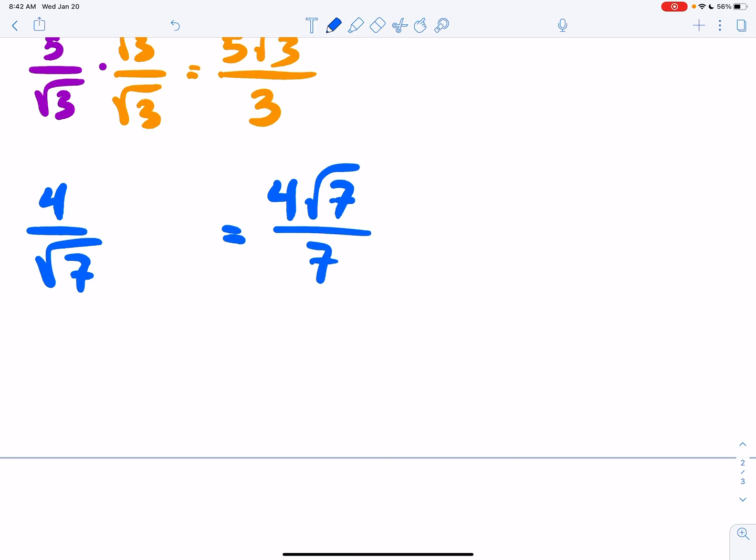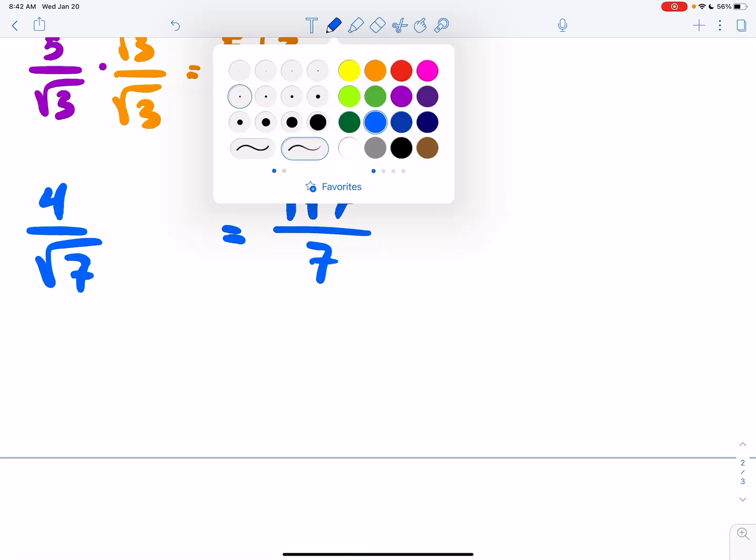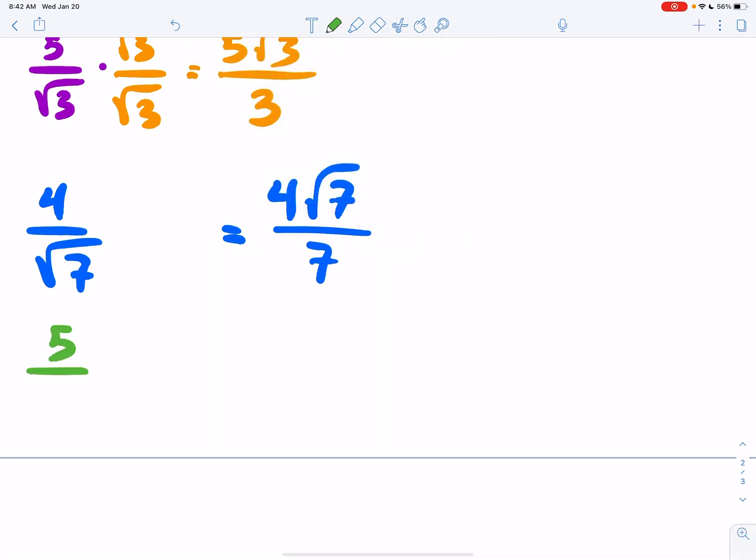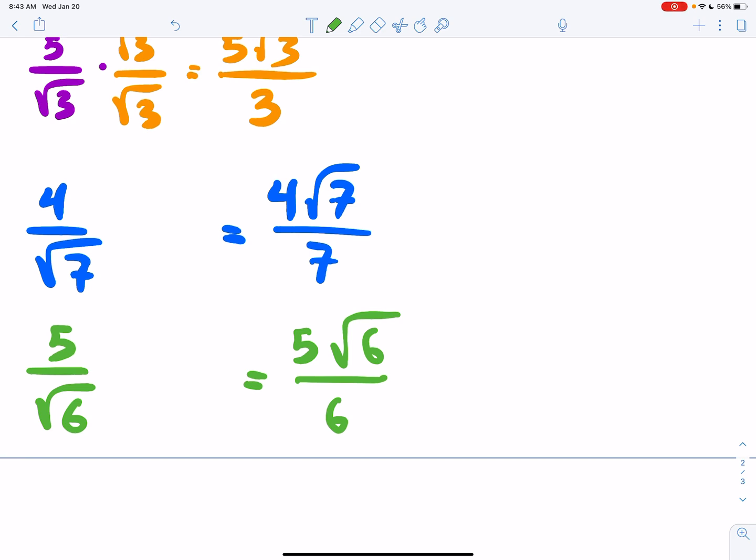I'll do as many as you need. 5 over radical 6. Without doing the mathematical work, that's the same thing as putting the radical at the top and the radicand, everything inside the square root, at the bottom. Isn't that a lot faster? So these two, although written very differently, are the same.